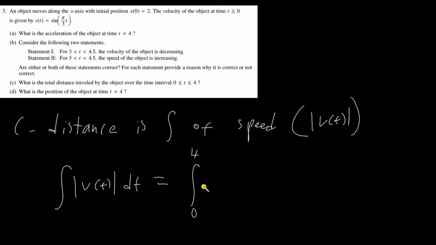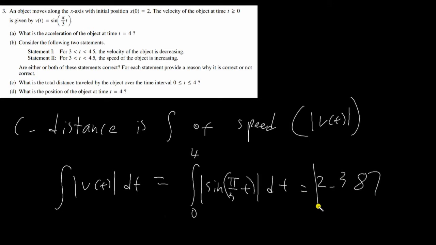What is the integral of the absolute value of velocity, sine of pi over 3t, dt. And then if this goes in the calculator, we're going to get 2.387, like that.